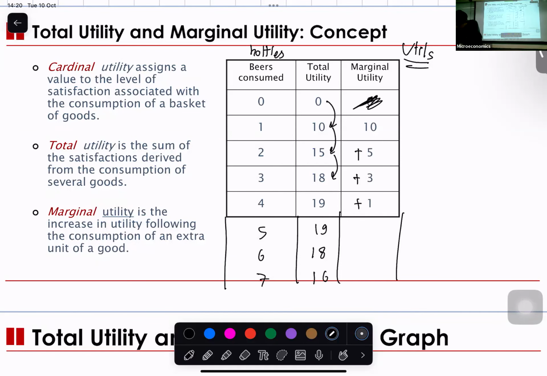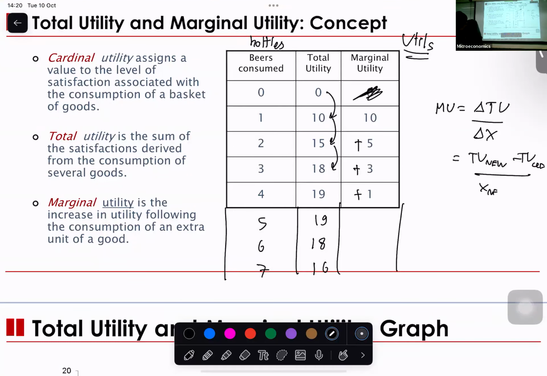So coming to here, you already see the recipe is very straightforward. Marginal utility is the change in total utility divided by the change in number of bottles.